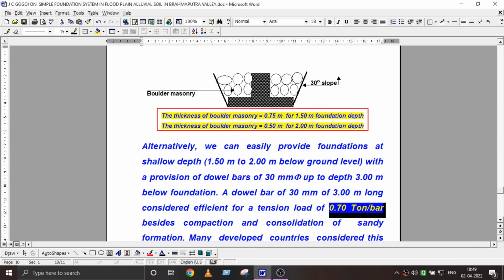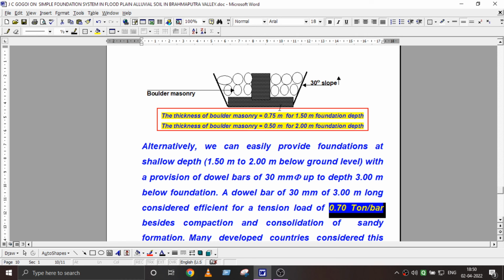But dowel bars should be included in the concrete foundation base. The top of the dowel bar should be embedded in the RCC base with nominal development length. Instead of 40D, in my opinion, 20D will be sufficient.